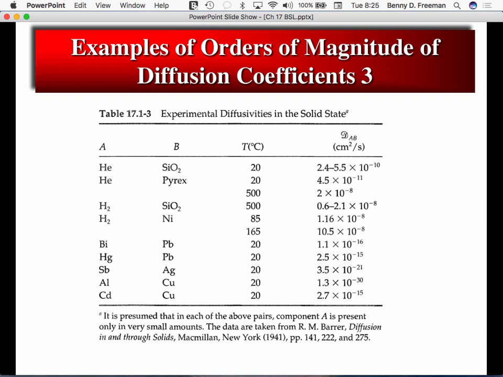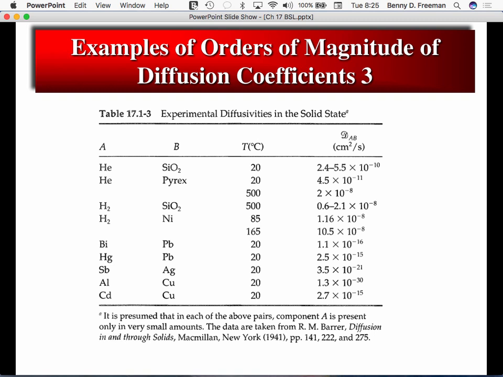Now, when you get to the solid state, the situation really goes all over the map. And so as you get to diffusion, say, of gases in these inorganic solids, now you see numbers down in the 10 to the minus 10th and 10 to the minus 11th. When you talk about metals diffusing through other metals, you see numbers now that go from 10 to the minus 8 to 10 to the minus 30.